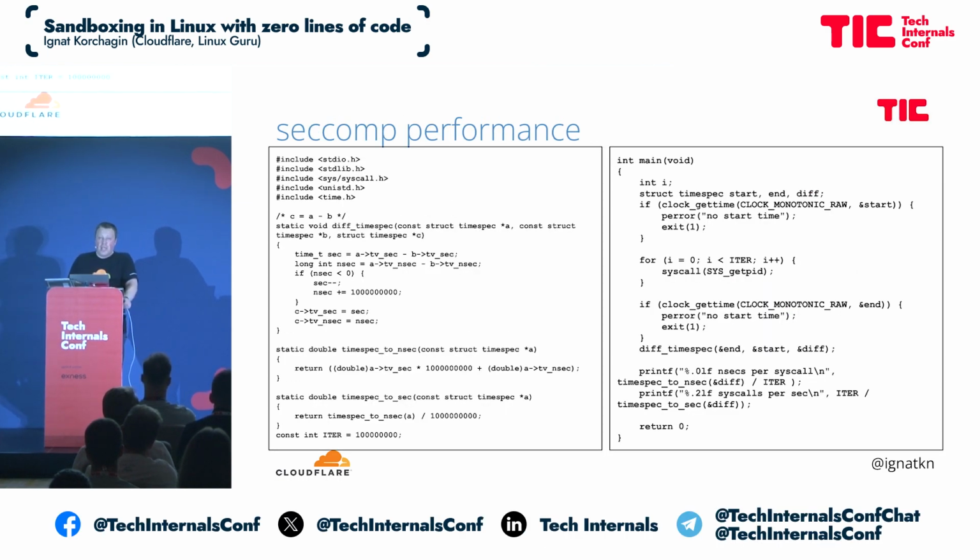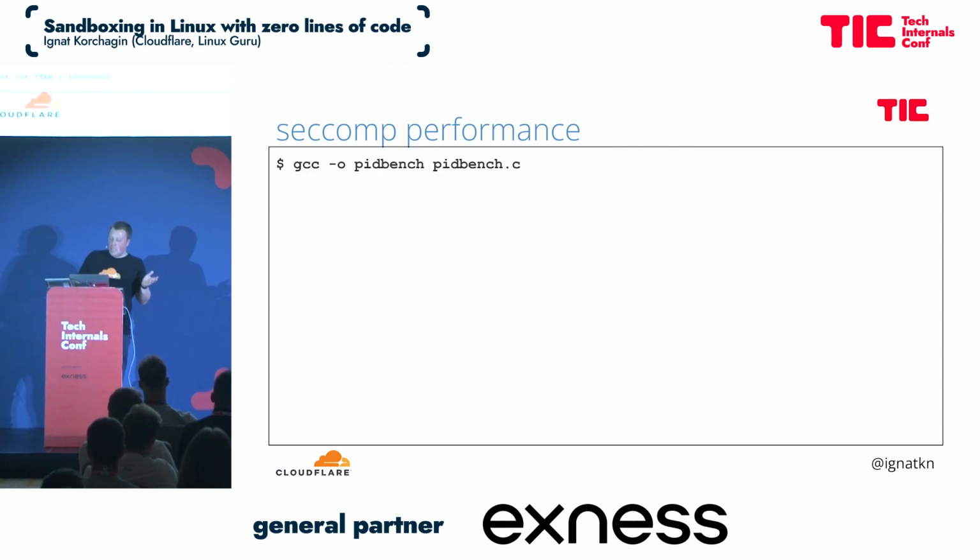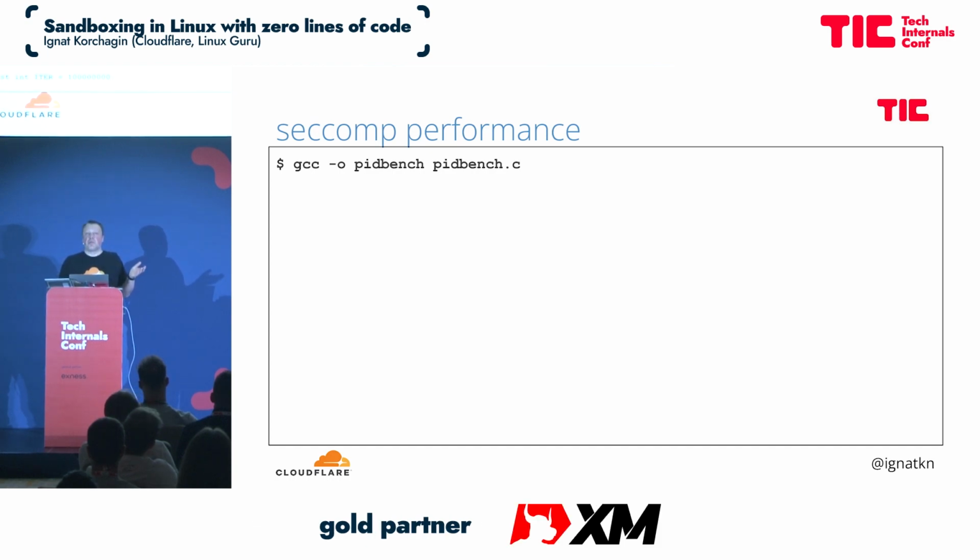The last question you may ask is, what about performance overhead, right? By adding this filtering, what is the cost? And for this, I wrote a very simple benchmarking tool called PID benchmark. The simplest system call on Linux is getpid. It's even simpler than uname because it copies one integer from the kernel to the user space.